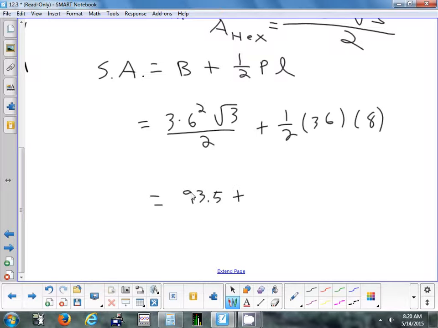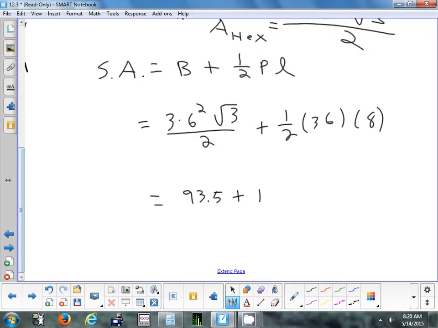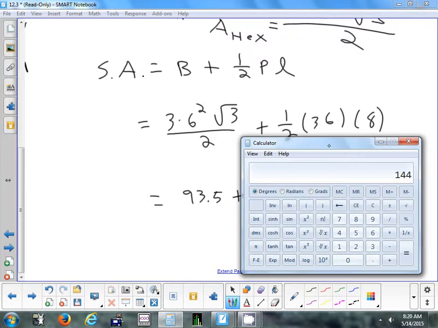Plus half of 36 is how much? 18. 18 times 8 is 144. So we got 144 plus 93.5. As long as you know the formulas, this really is super easy.